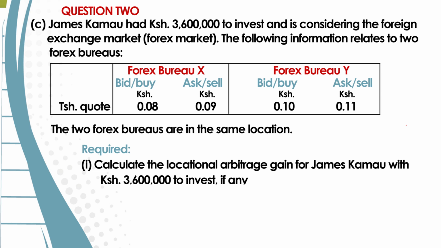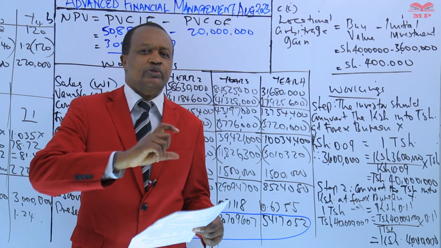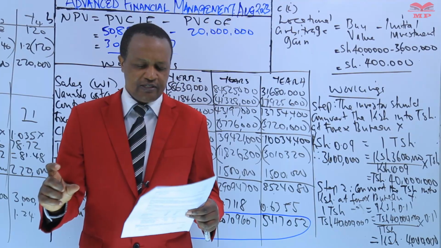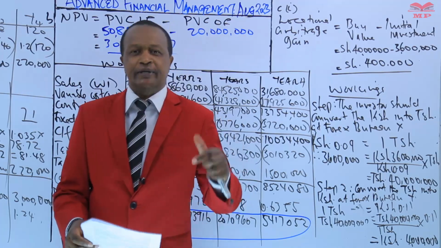In Roman 2, we read, explain the scenario that is necessary for locational arbitrage to exist. What condition has to exist for locational arbitrage to happen?